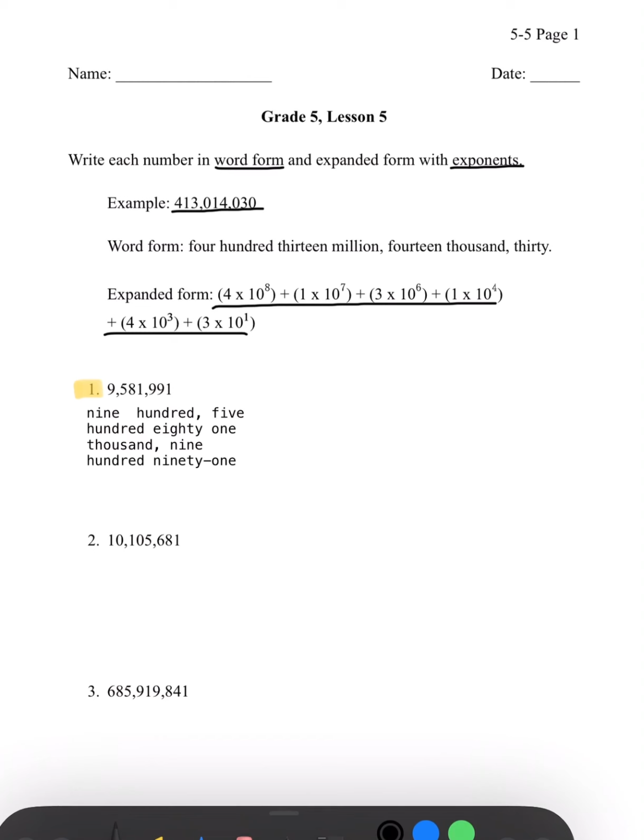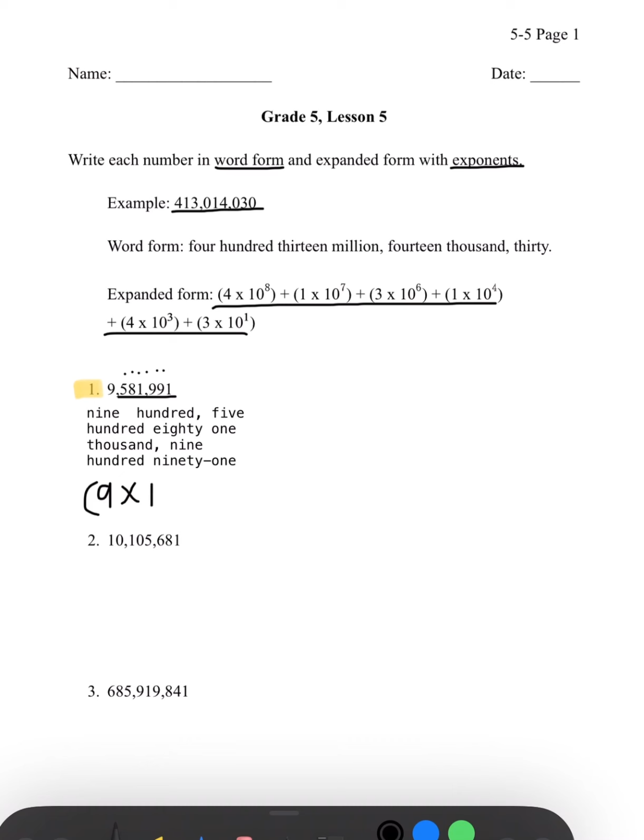And if we put it in expanded form, let's first do the 9. So 9 times, let's see how many spaces there are behind the 9. 1, 2, 3, 4, 5, 6.